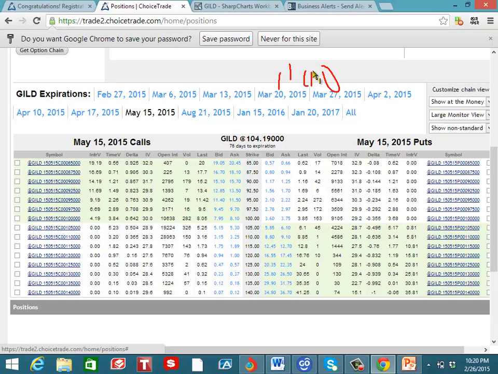So let's say the stock goes to 125 and I played the 105, that means the call is going to be worth about $2,000. Most likely the put will be worth $0, but I played 1140, right? So my total investment right here was 1140, so I doubled my money with this trade going up. And the same thing happens if the stock goes down.